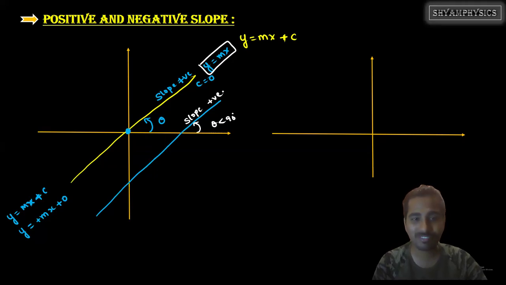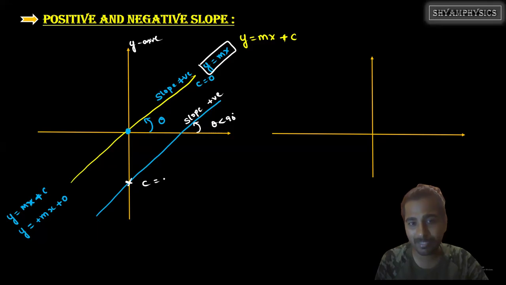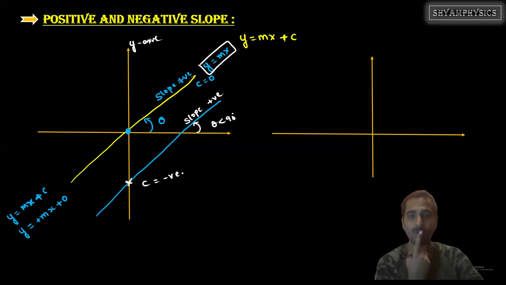Good, slope is positive. Next, where is it passing? It is cutting the axis in the negative y-axis. Correct my point? So here the intercept will be negative. If the intercept is negative, then how to write the straight line equation for this?